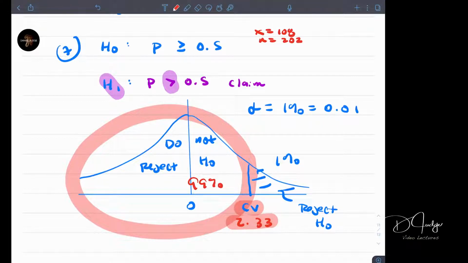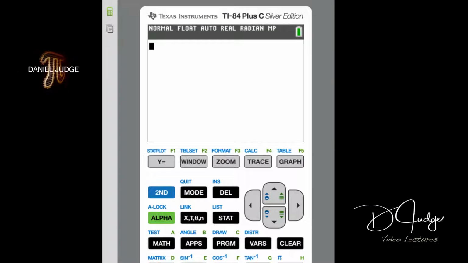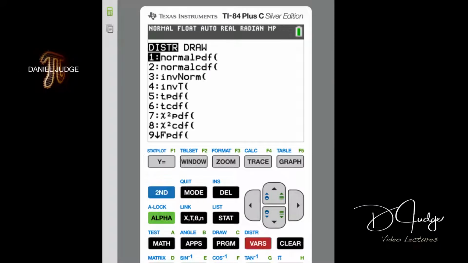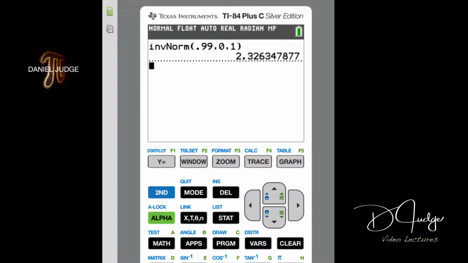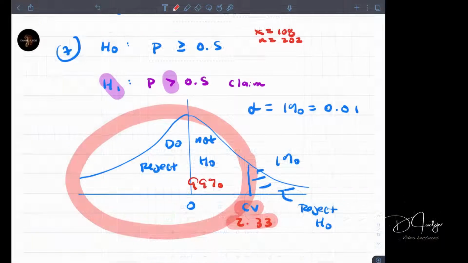Using the default in case you have the default version. Second distribution, inverse norm. This is 99%. Now notice this, ladies and gentlemen. The default gave us the same exact answer. It's the 2.33 critical value. All right.